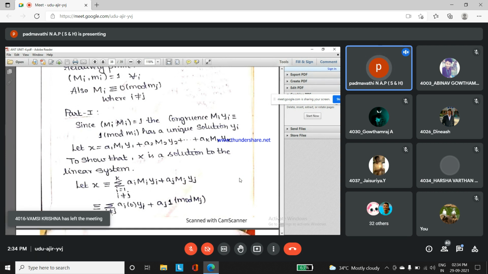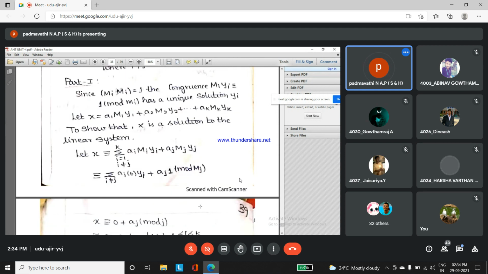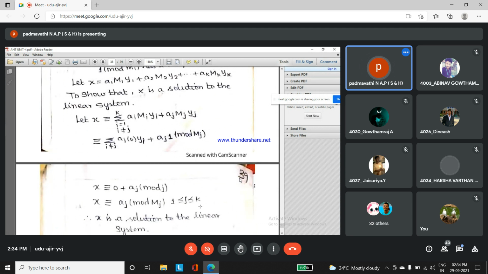Okay so summation i is not equal to j, ai into 0 yi plus aj into Mj yj value, okay, that is equal to 1 mod mj. Then x is congruent to aj mod mj, j varies from 1 to k. Okay so x is your solution to the linear system.